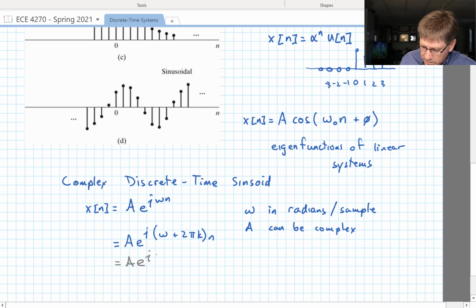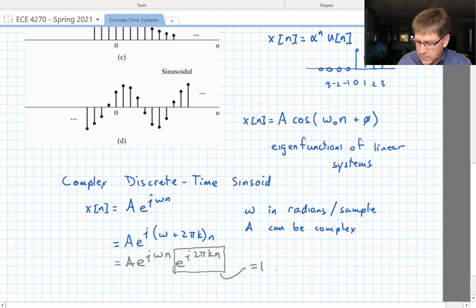Let me finish putting this out. Using just the laws of exponents, we get e to the j 2 pi k n, and I'm going to tell you right now that that is equal to 1 for integer values of k.